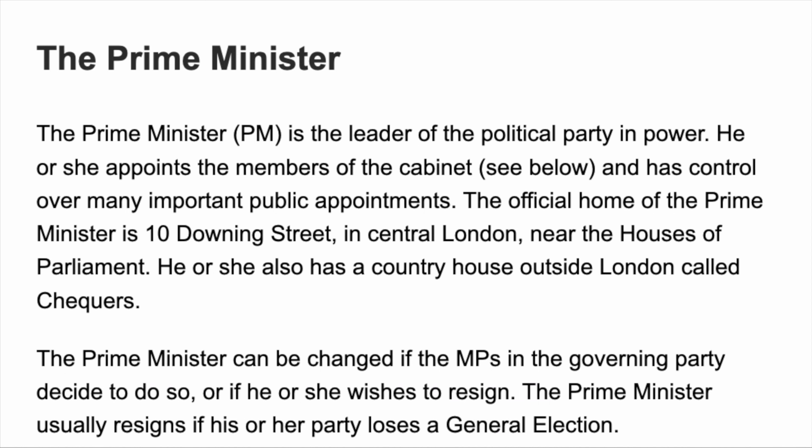He or she also has a country house outside London called Chequers. The Prime Minister can be changed if the MPs in the governing party decide to do so, or if he or she wishes to resign. The Prime Minister usually resigns if his or her party loses a general election.